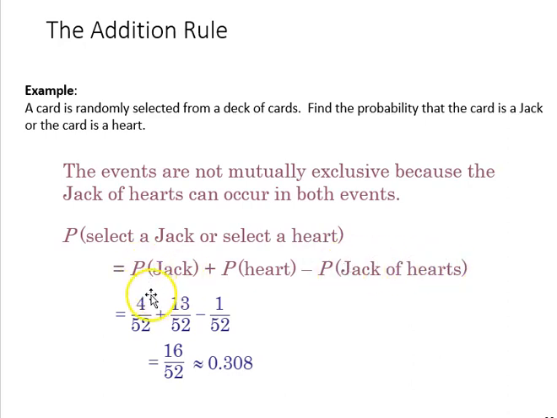So the probability of getting the Jack is 4 out of 52. Remember, these are independent trials, so we're putting the Jack back in the deck for the second event. So we've got 52 cards still. That's 13 out of 52 is the odds of getting a heart. And the odds of getting the Jack of Hearts is simply 1 out of 52. So if we take that and sum it together, we get 16 out of 52, or 0.308.